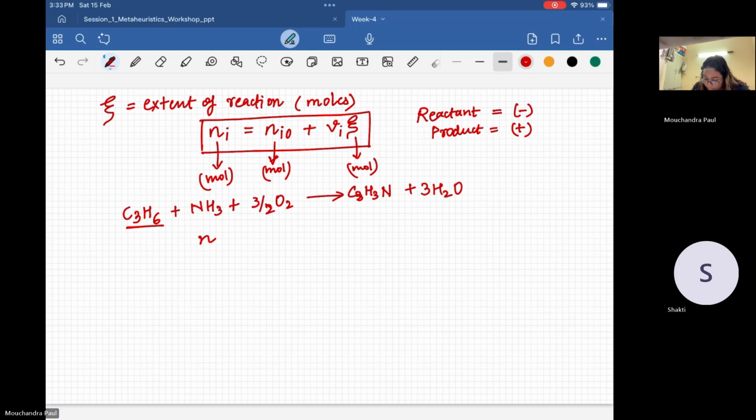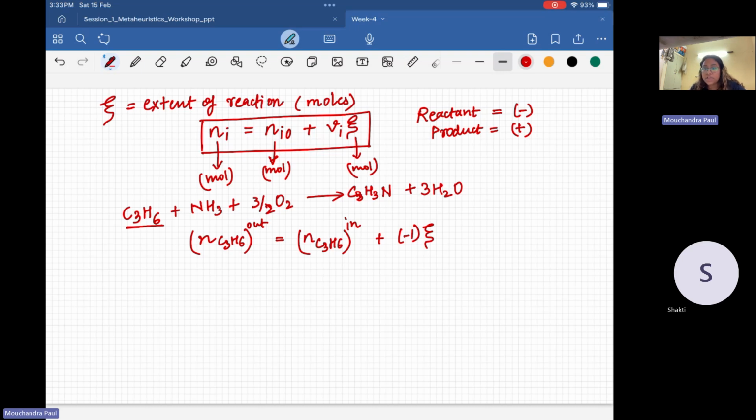For C3H6 coming out, it is equal to the number of moles of C3H6 in, with a stoichiometric coefficient of -1. The coefficient is 1, but since it is a reactant, we add a minus sign, times the extent of reaction.